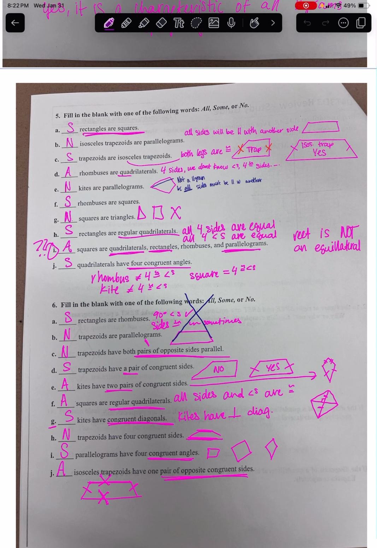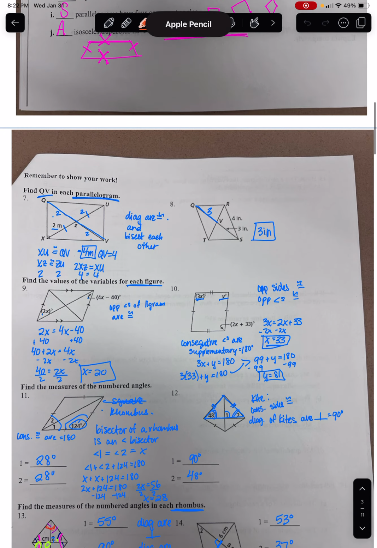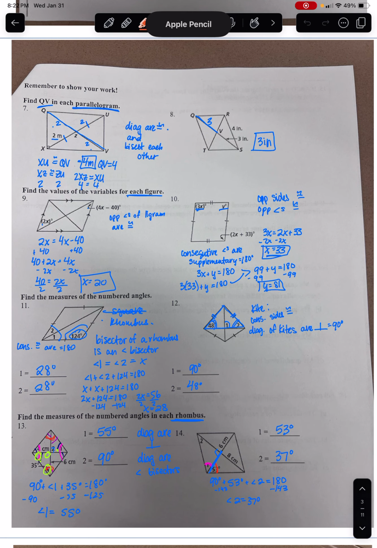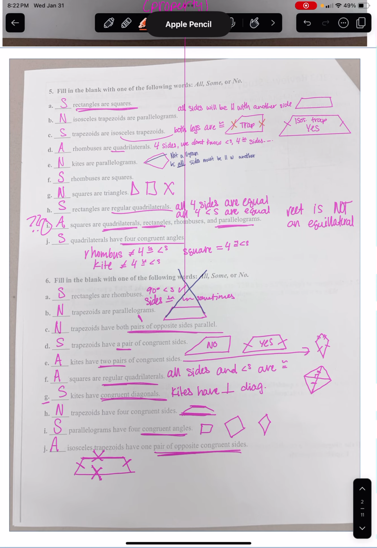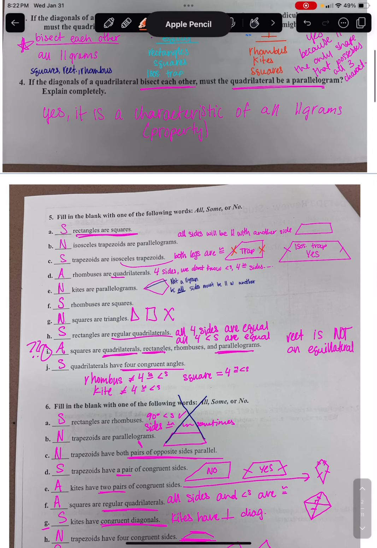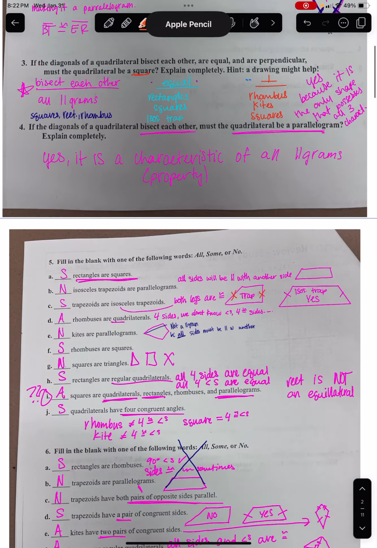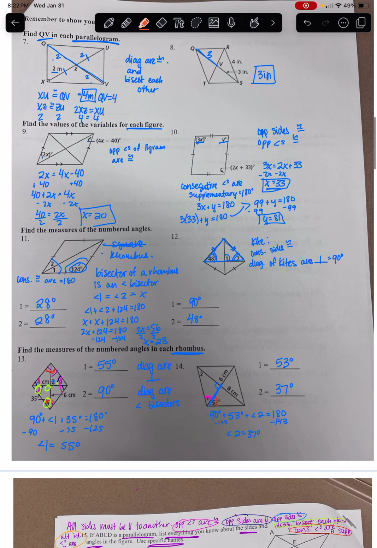Yeah, I think the pencil's dead. And then on this page, I think that you got this page down. Just if you remember these, okay. And just what parallelogram is. And number 3, that one will really help you down here. And just be careful with your math. Use a calculator.